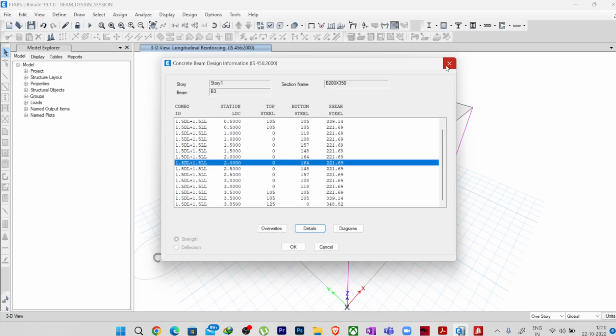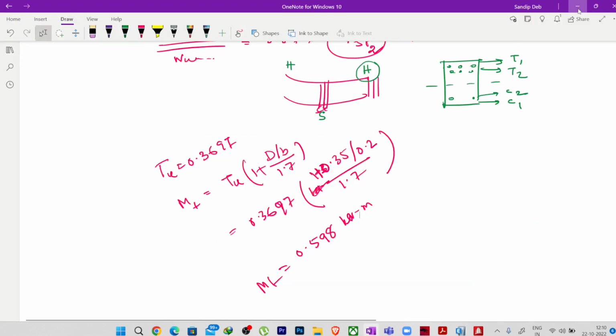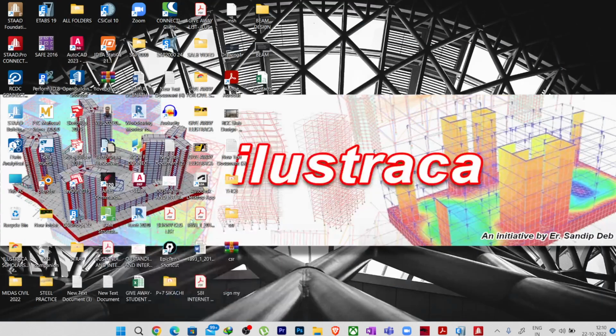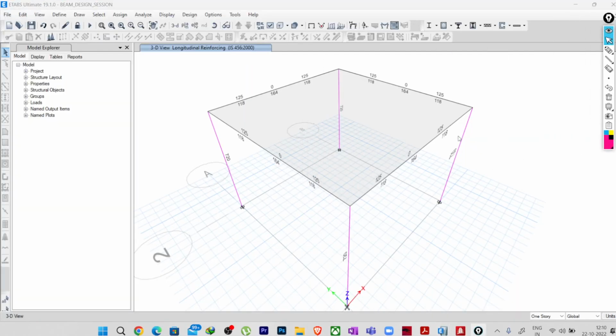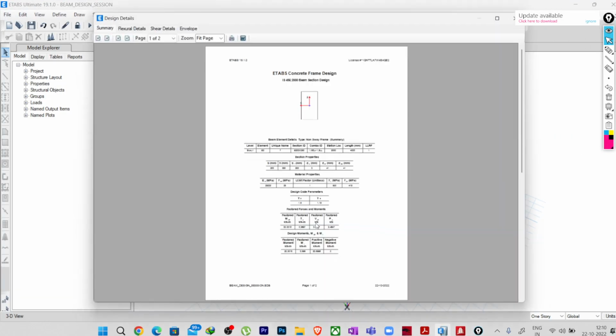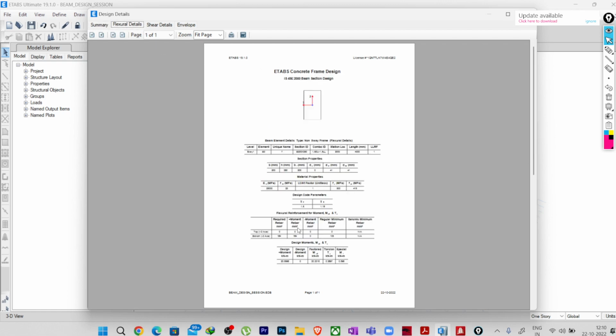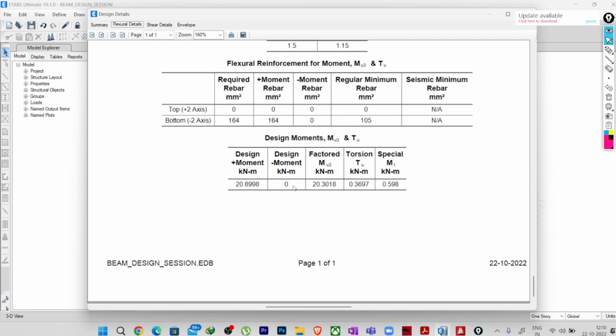Can you find out the Ast for the design moment? Just give me one second. Okay, so can we find the Ast for this design moment?